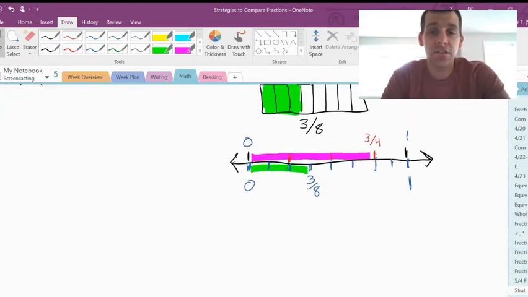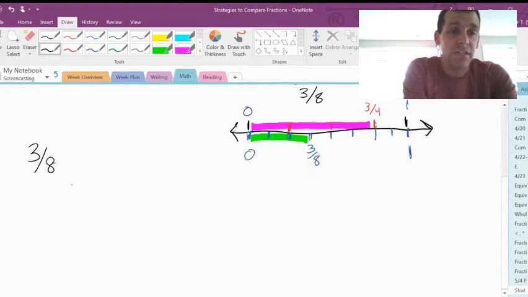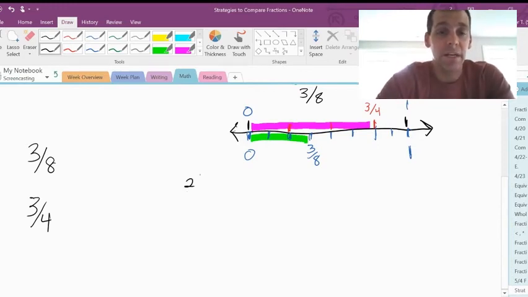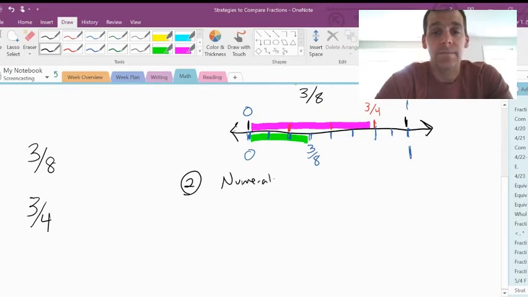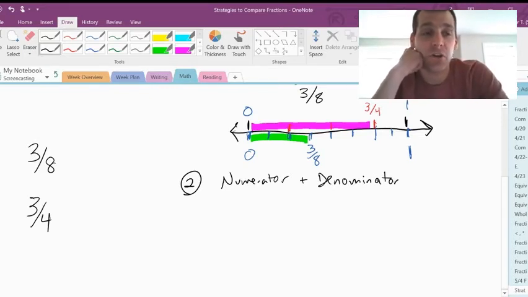I can continue to do a little bit more with my 3/4 and my 3/8. As I continue down here, 3/4, 3/8, I can start to reason by looking at things like my numerator and my denominator. Numerator and denominator. And when I do this here, as I'm looking at both of these, I'm going to start to look at what I know about my fractions. In this case, both of them have the same numerator.